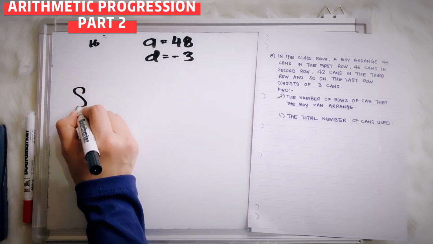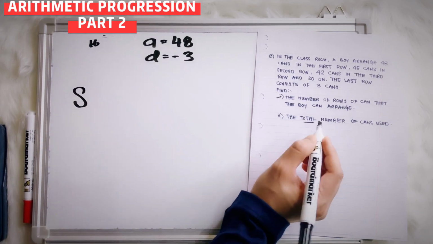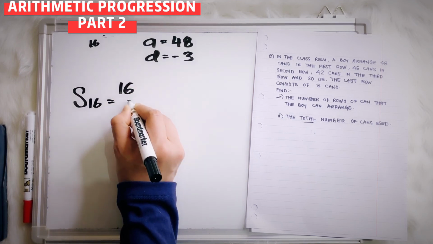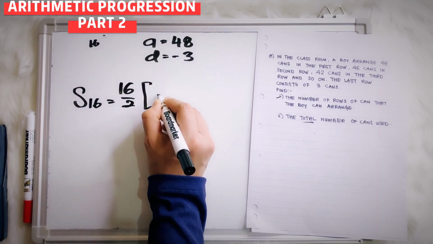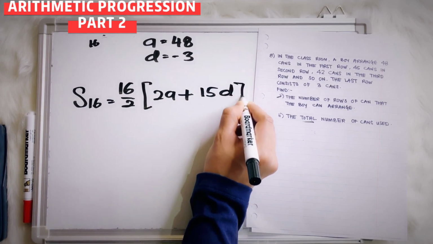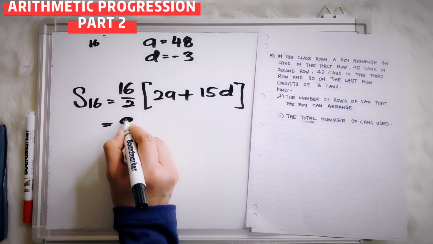So we have to calculate the sum total. We have to use S16 equals 16 divided by 2, times 2A plus 15D. So here will be 8.